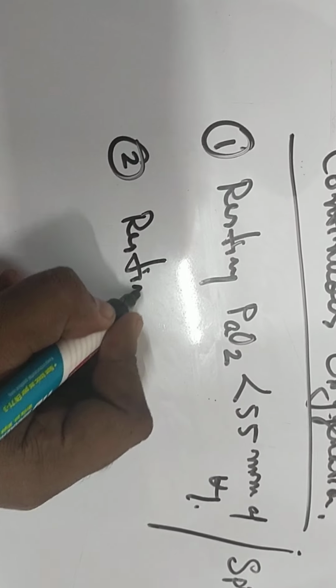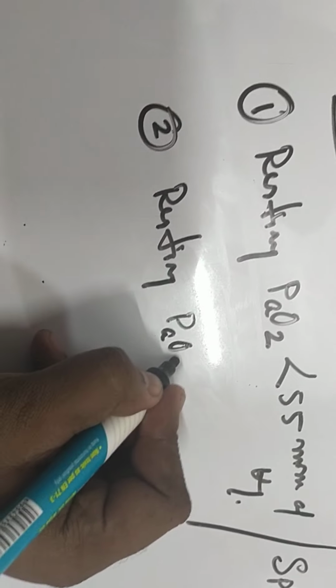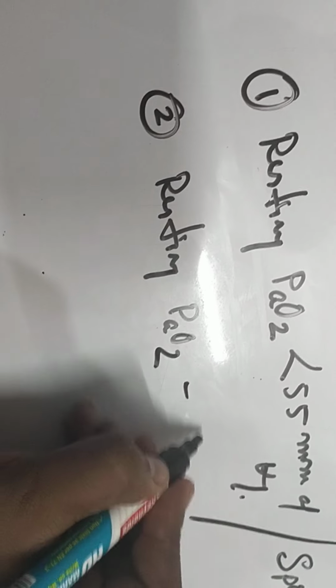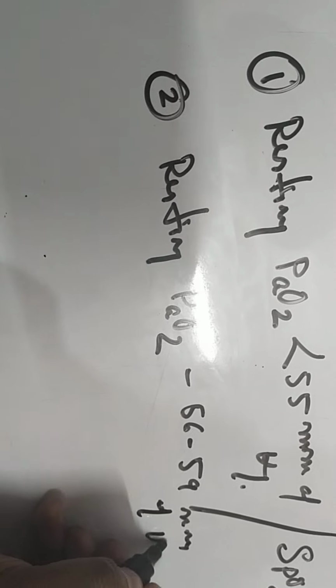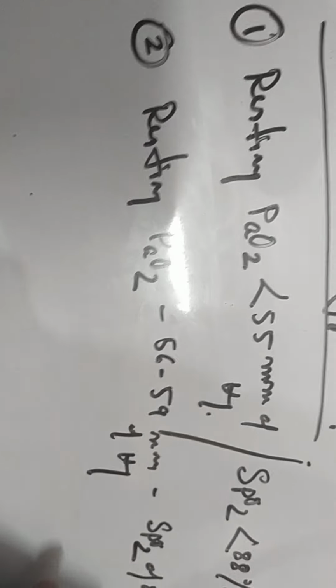Resting PaO2 56 to 59 millimeter of mercury with SpO2 of 89%.